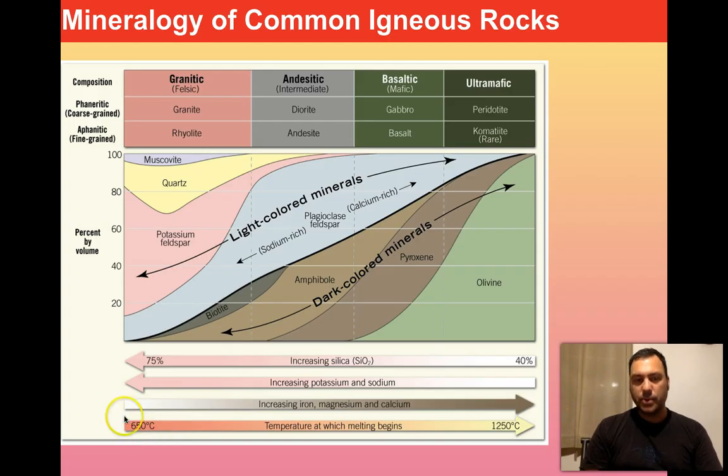It doesn't completely melt away, but it starts to melt at that temperature. However, if you were to take the same thing in the form of an ultramafic peridotite, something out of a mantle, for example, it's got to be at about 1250 degrees Celsius. That's a lot hotter than what you need for a granite. So this temperature difference has a major effect on the composition of igneous rocks as we go forward.